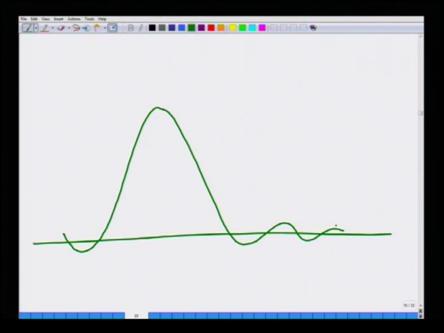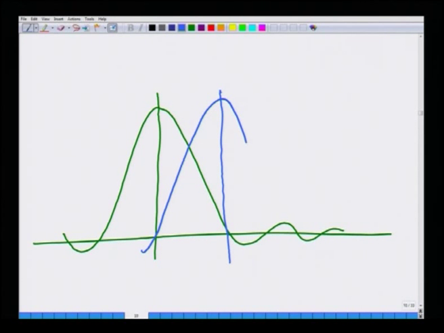I have one subcarrier here and another subcarrier adjacent to it.